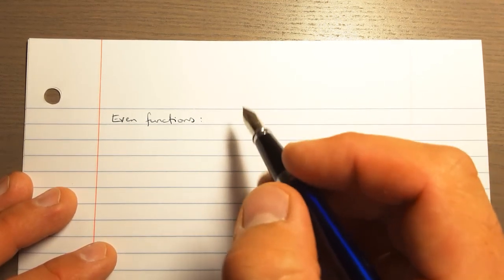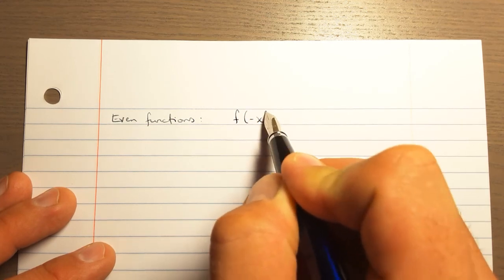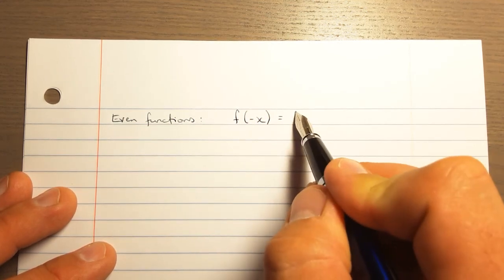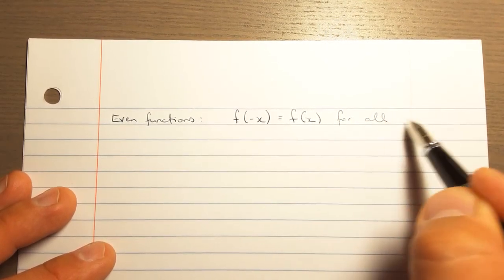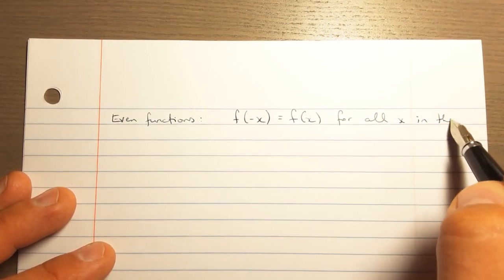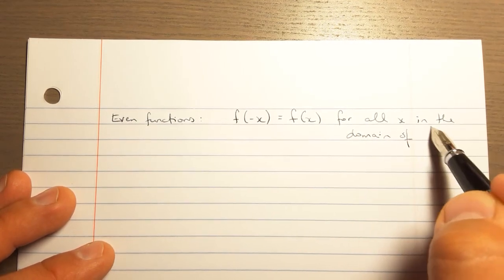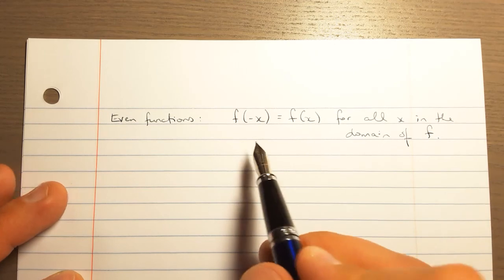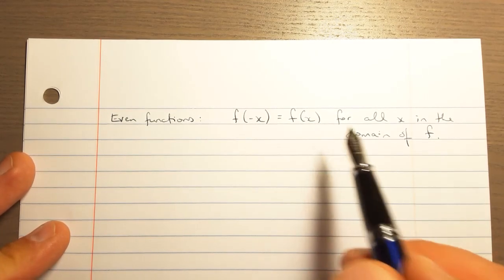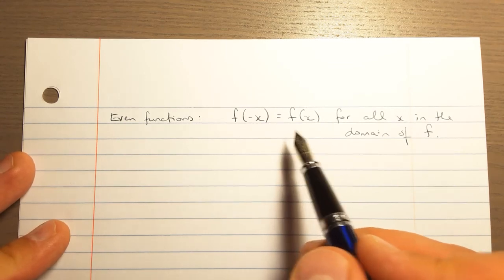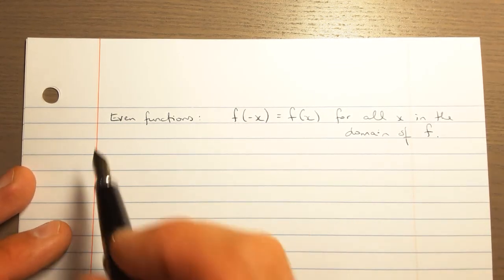So we can record this in the following way. F of negative x is equal to f of x for all x in the domain of the function. So what that means is like f of negative 5 is the same as f of 5, or f of 7 is the same as f of negative 7. You can look at one side of the graph and you'll know what's happening on the other side.